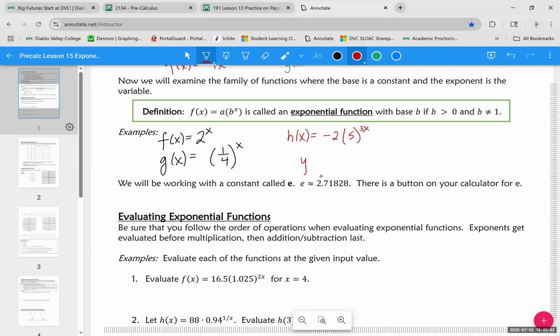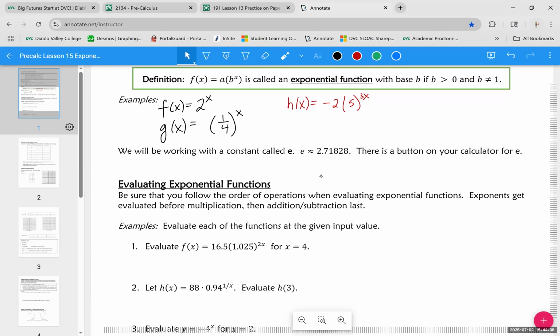And finally, we could even have something like 1 plus 1 over x. Oh, sorry. That was for the next one. That had to do with e. So that is not what I wanted to put in this example. Yeah, so those are all exponential functions.